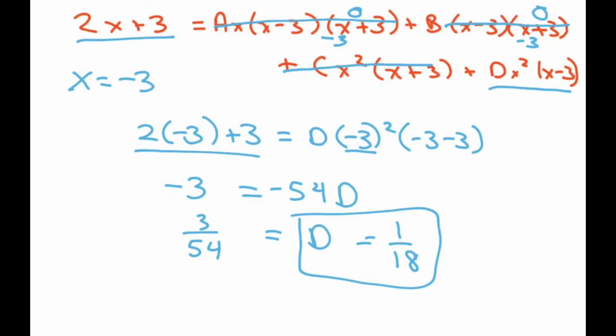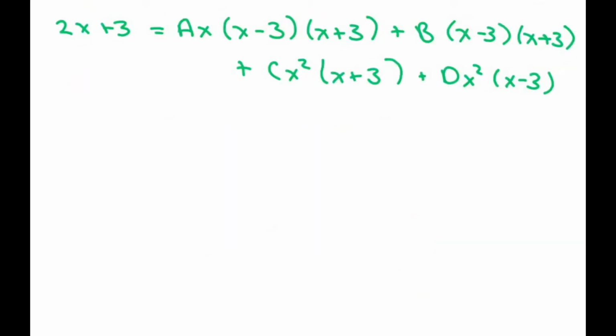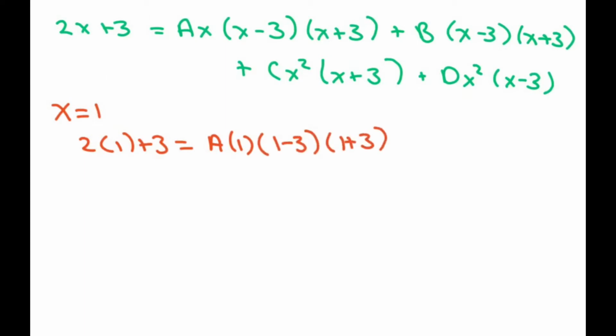And finally, what are we missing? We're missing our A. So our A has everything in it, the 0, 3, and negative 3. So what we're going to do is use our information and just let x equal 1. Pick something small, and we're going to plug 1 into all this. So we have 2 times 1 plus 3 equals A times 1 times 1 minus 3 times 1 plus 3 plus B times 1 minus 3 times 1 plus 3.